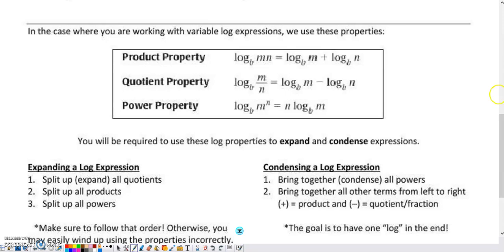So, what is product property? Product property is if you had 2 or more values in a log, you can split all of them up to create an addition example, and vice versa. Quotient, if you had a division within the log, you can split them up to create a subtraction, vice versa. For power property, if you have a value being raised by an exponent, you can expand that by putting that exponent in front of the log to create a multiplication example.